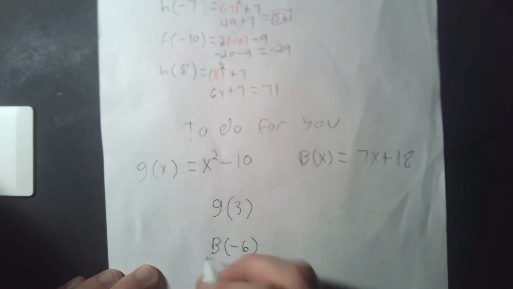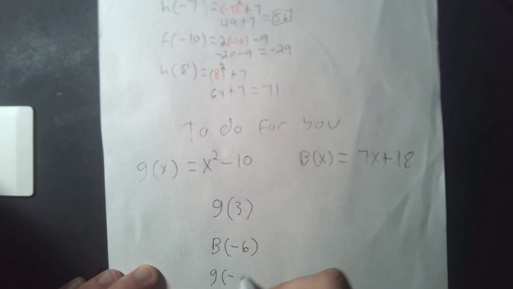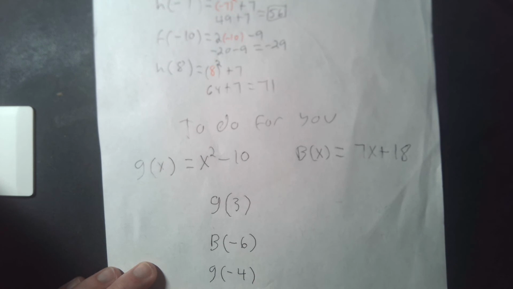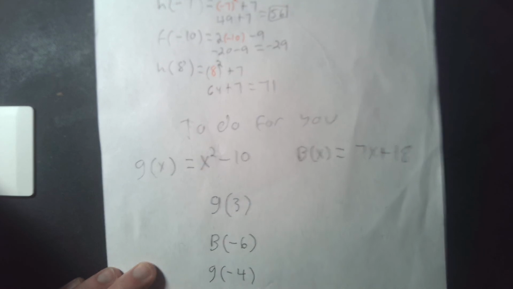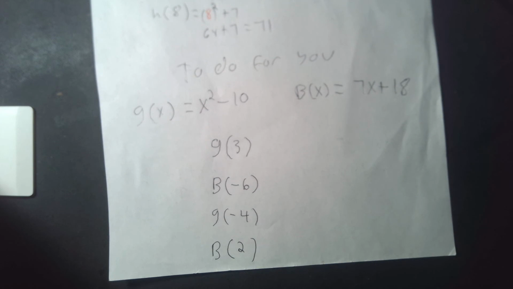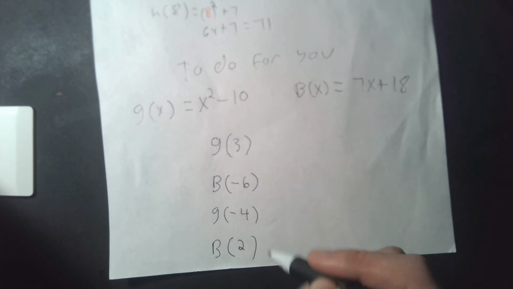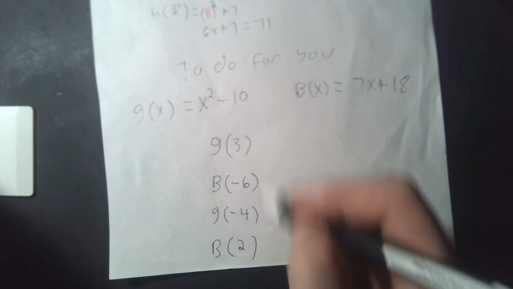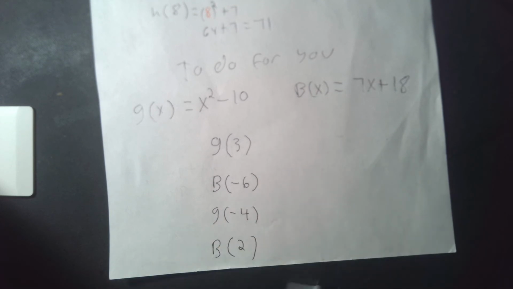Okay, watch your negatives on that one. g of negative 4 and b of 2. So they're the ones for you to do. I would space these out probably a little bit better so you can do your work out. Don't cram them in, write nice and big.